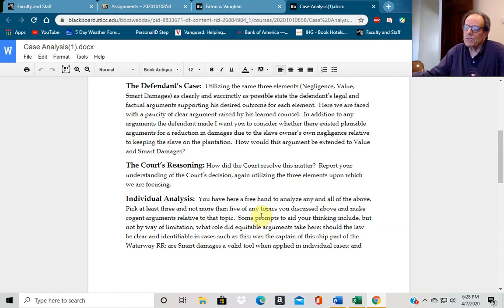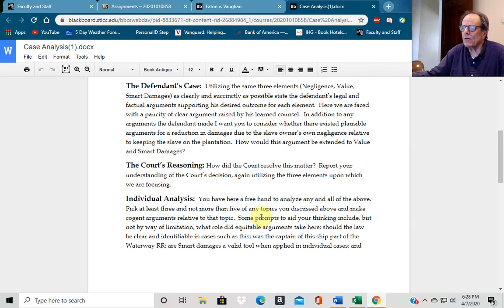It also maybe talks to, this isn't the right person to be awarded smart damages. This slave owner didn't take adequate care of his own property to now make this a case where the ship captain is responsible. I think the rest of this is fairly clear.